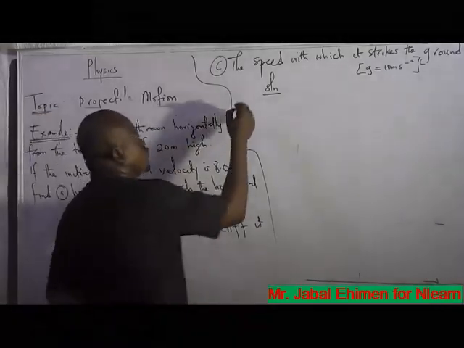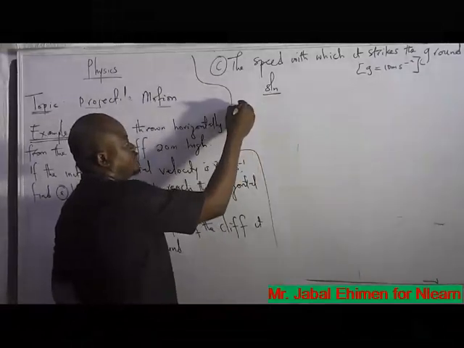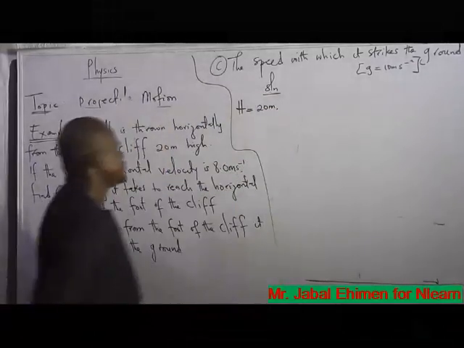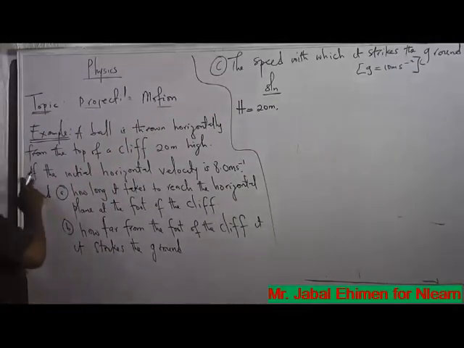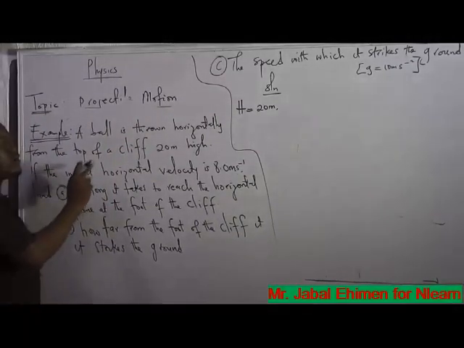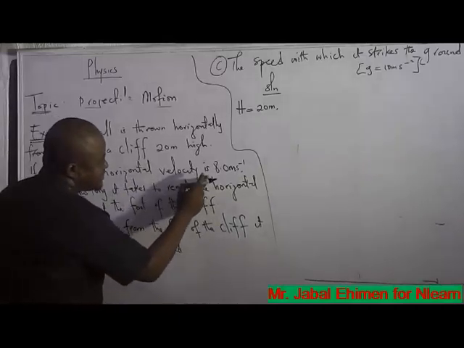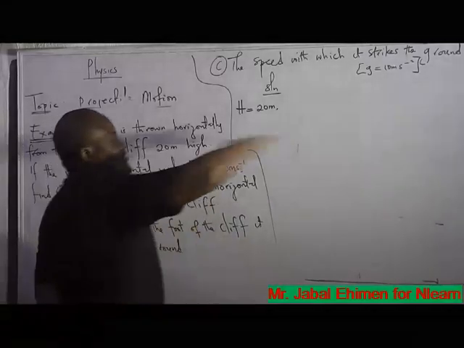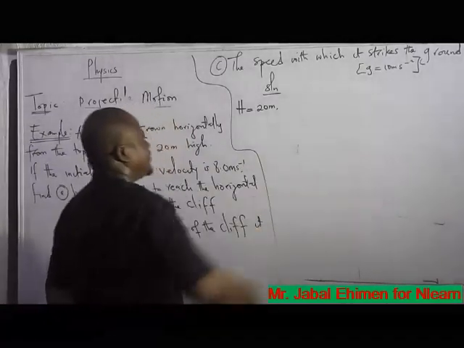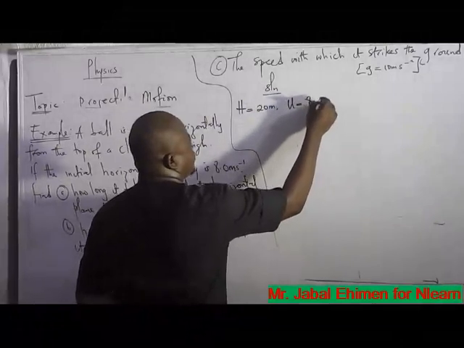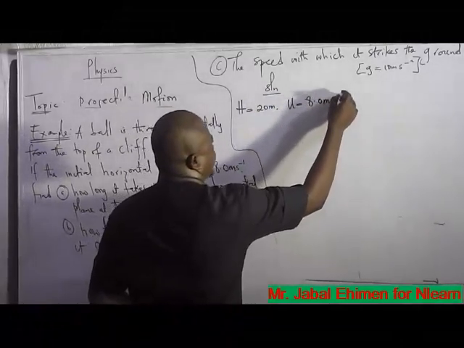The first thing you do is outline the values. Your height is 20 meters. If the initial horizontal velocity, which is the initial velocity u, is equal to 8.0 meters per second.